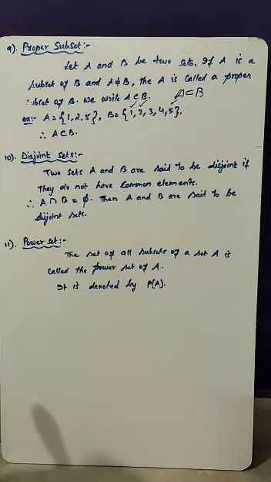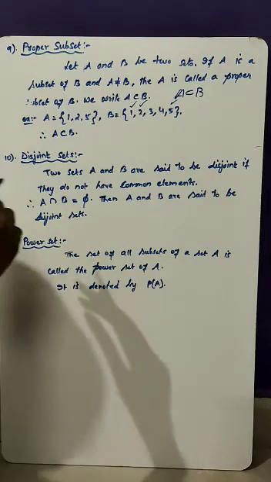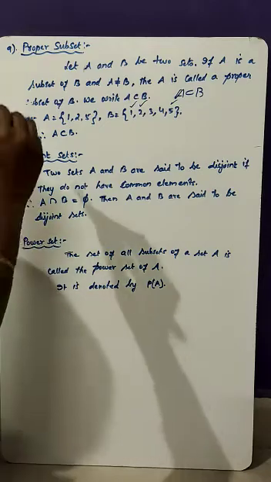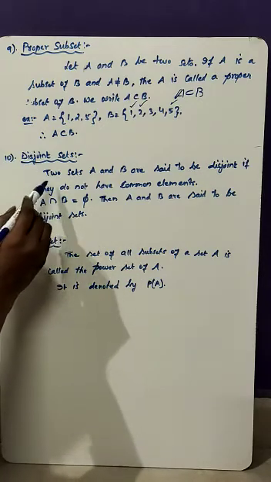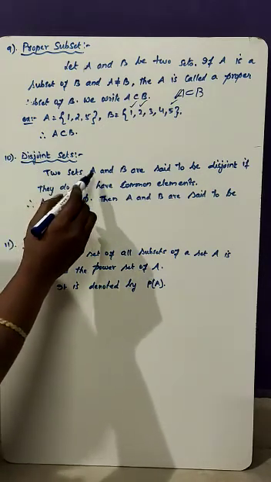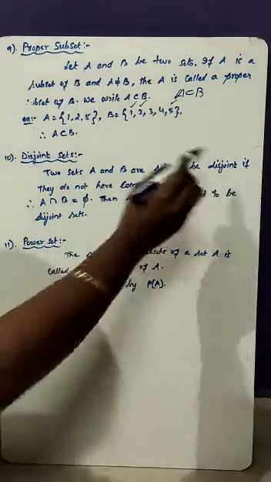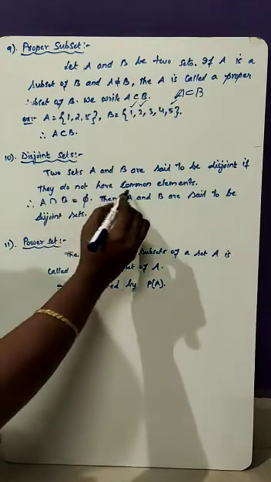Next, the 10th one is disjoint sets. Disjoint means separate. You are taking two sets separately, and they have no common element; that is called a disjoint set. The definition is: two sets A and B are said to be disjoint if they do not have common elements.